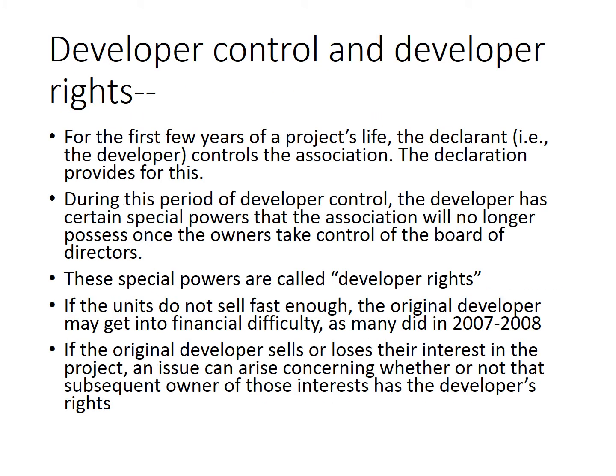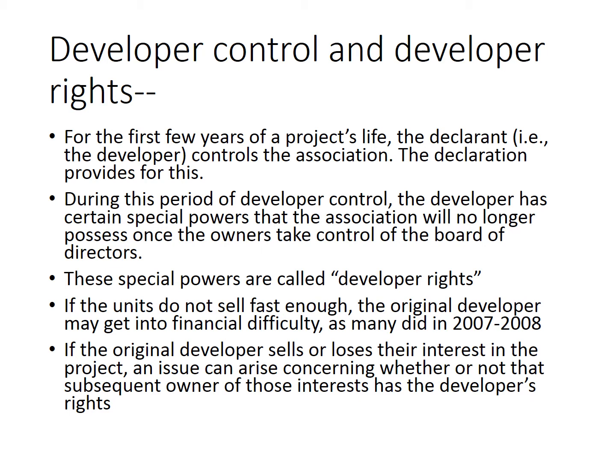So let's talk about the developer control phase. For the first few years of a project's life, the declarant, that is the developer, controls the association. The declaration has provisions in it that guarantee that the developer will stay in control during that period. And during that period, the developer has certain special powers or developer rights that the association will not have once the owners take control.